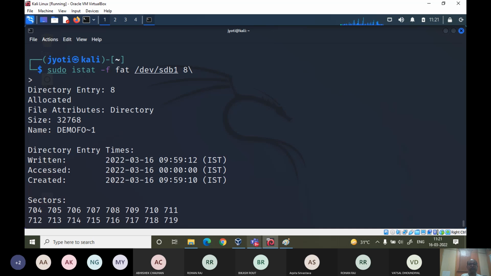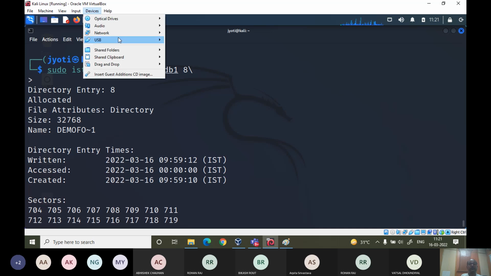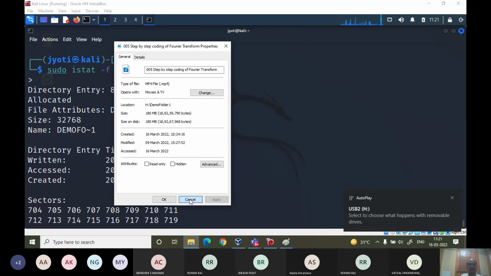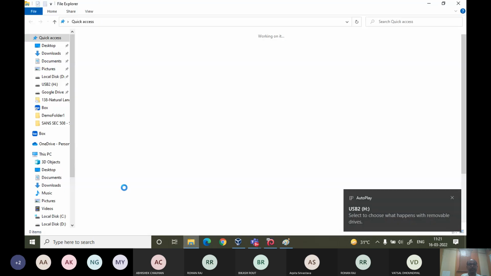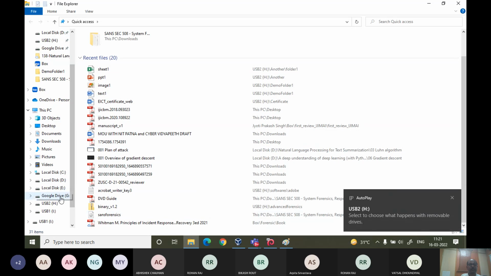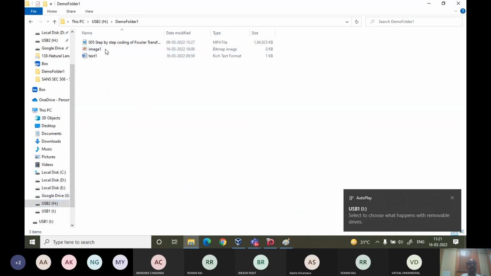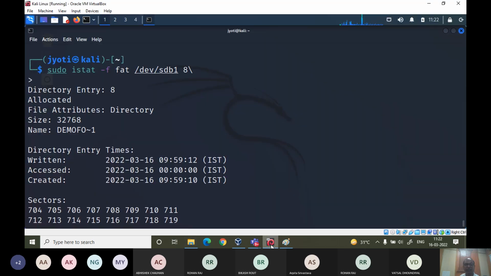If you have noticed, there was a folder entry. So there was demo folder 1, and inside demo folder 1 we have several files. How the information of demo folder 1 is stored, you can see here.